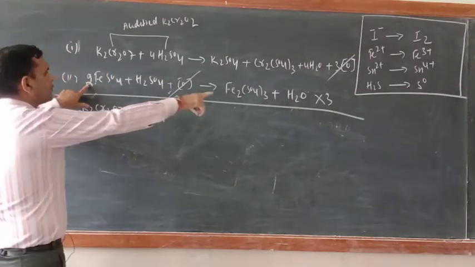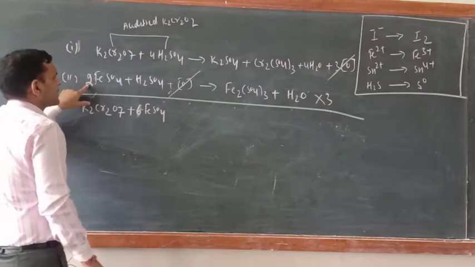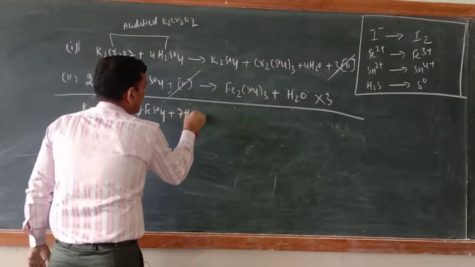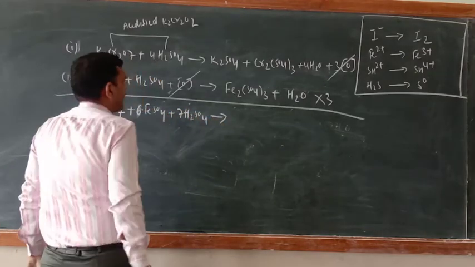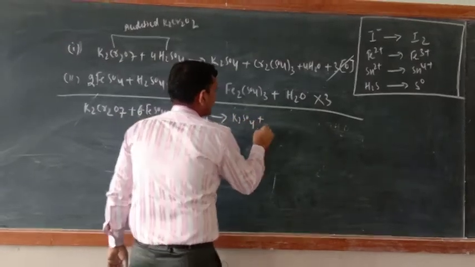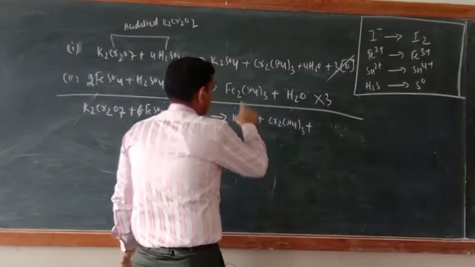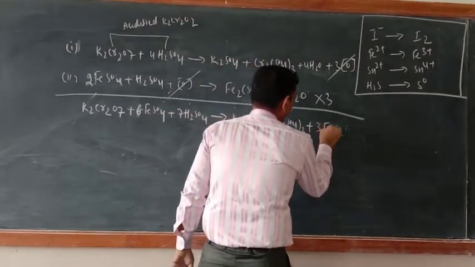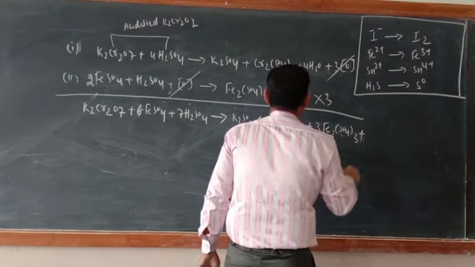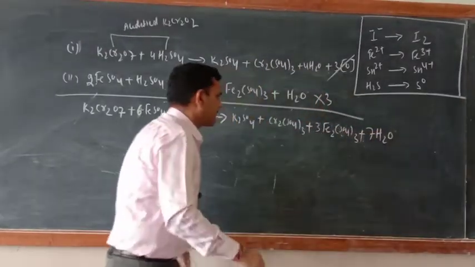So now 2 and 3, it will become 6 FeSO4, plus 7 H2SO4. Now here what is there? K2SO4 plus Cr2(SO4)3 plus 3 Fe2(SO4)3 plus 7 H2O.